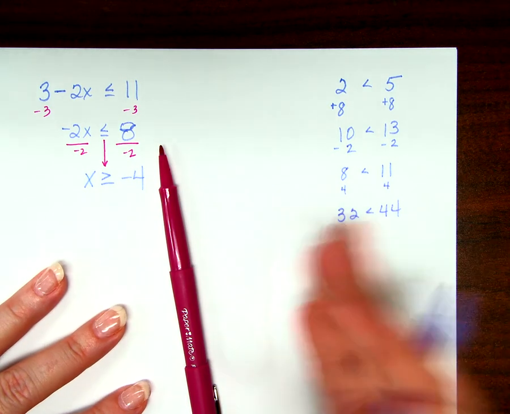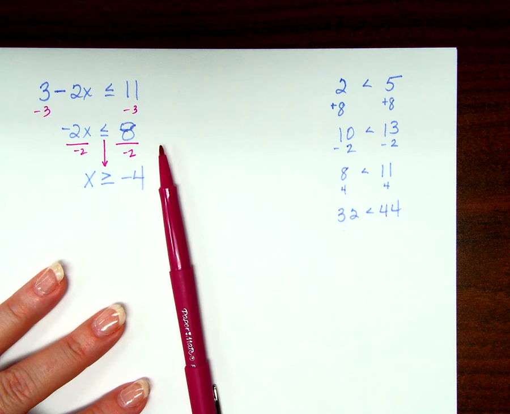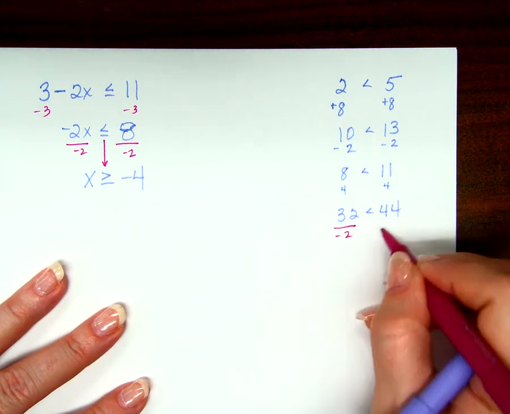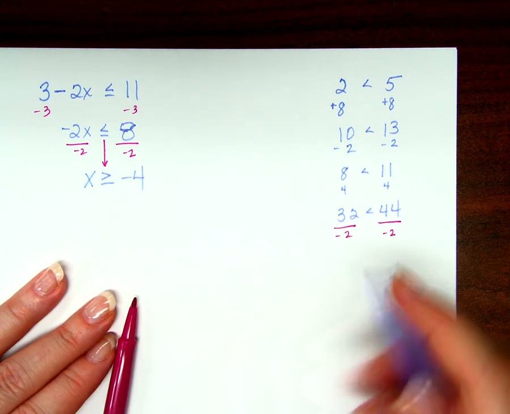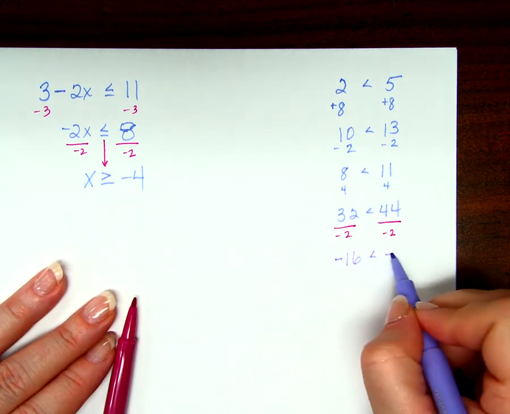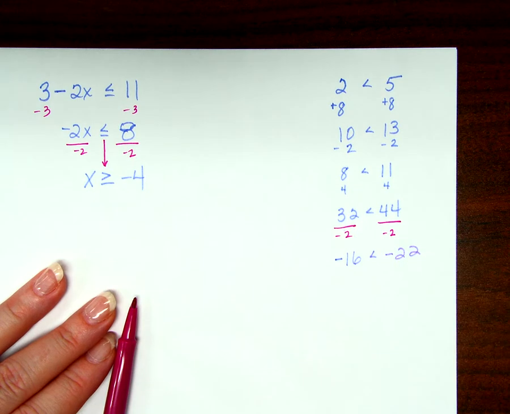Could I divide something by the same thing and it wouldn't change it at all? Is that true? What if I divided both sides by -2? -16 is less than -22. That is no longer a true statement, is it?